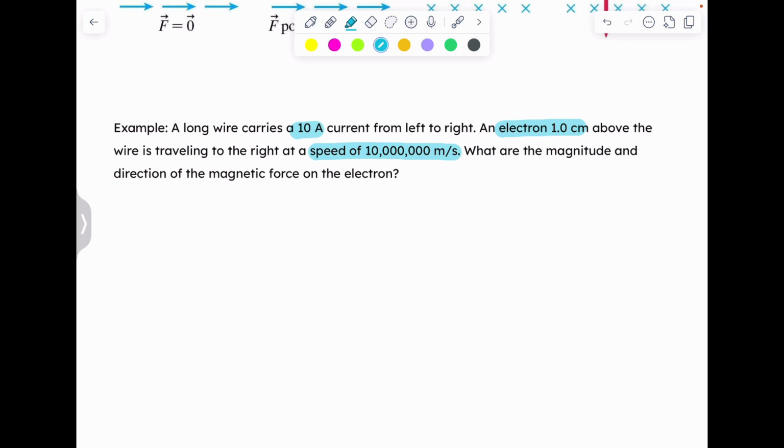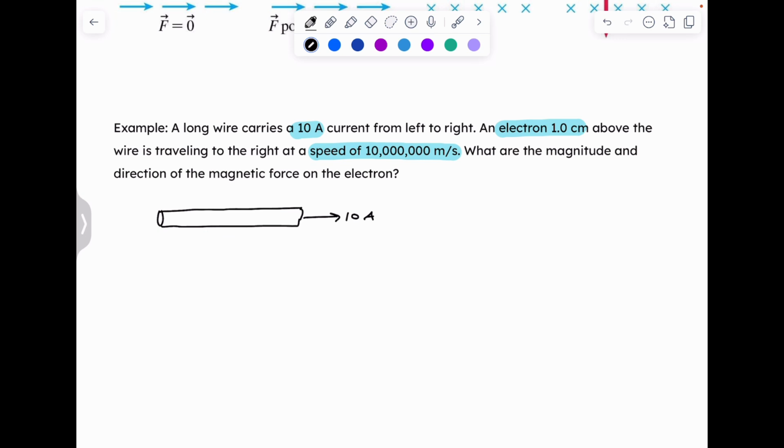So the first thing we're going to have to do is use that magnetic field of a wire equation. We have to figure out what the magnetic field due to the wire is, and then we get to find the force. So here's my wire. I got 10 amps to the right.